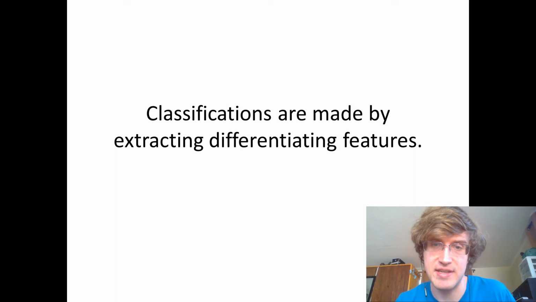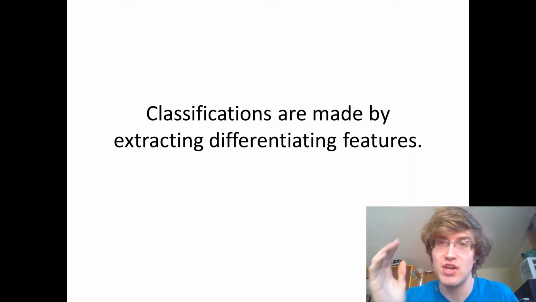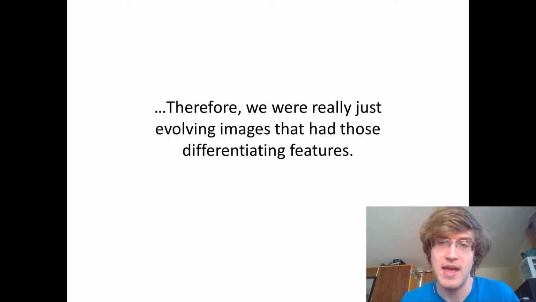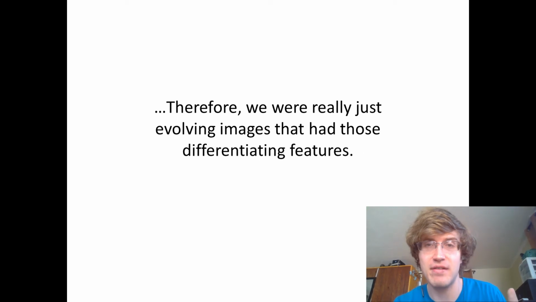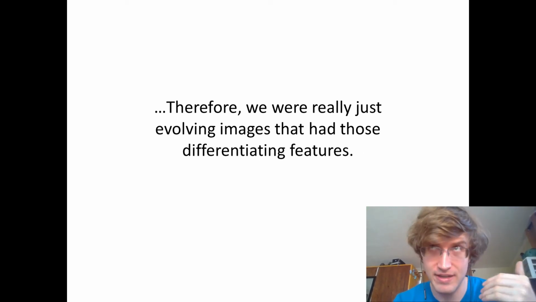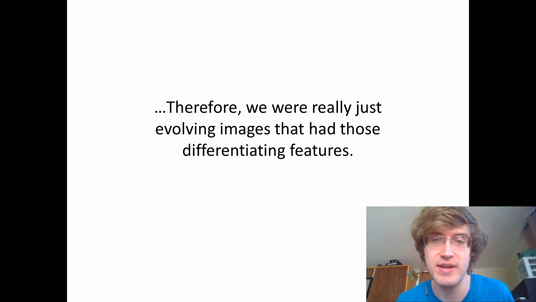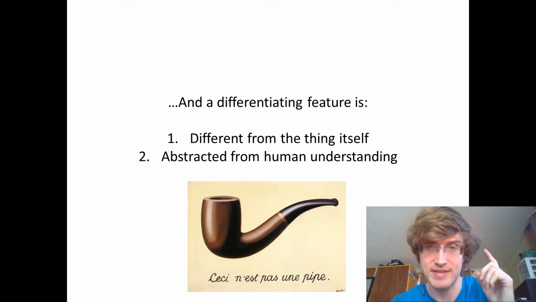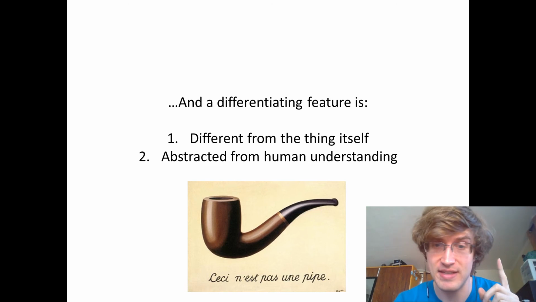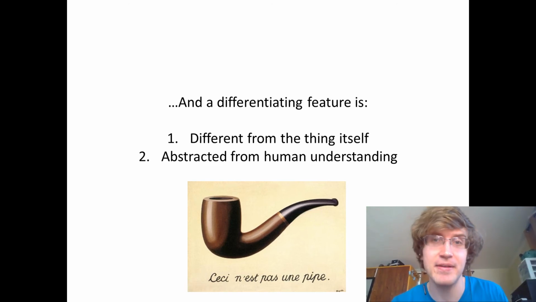So basically, the reason for this is classifications are made by extracting differentiating features between your classes. And therefore, we're really going to end up just evolving images that have those differentiating features, that highlight the differentiating features in the CNN between two or more classes that we trained on. And a differentiating feature is, first off, different from the image of the thing itself, and it's also abstracted from our human understanding.